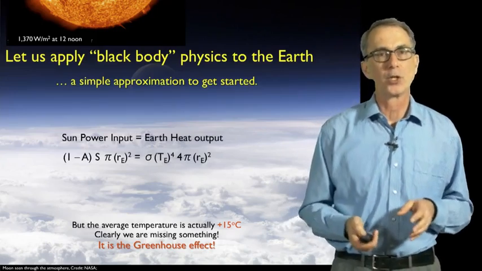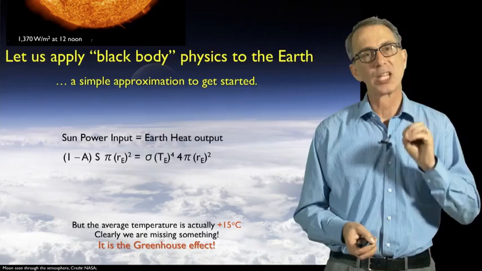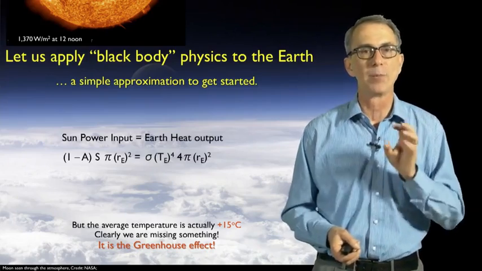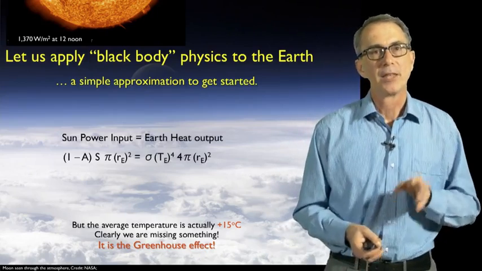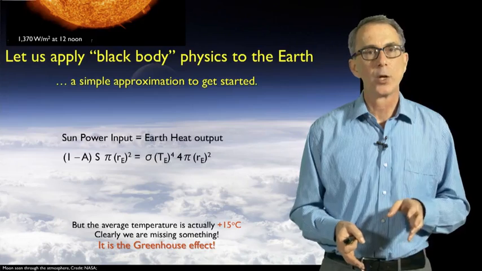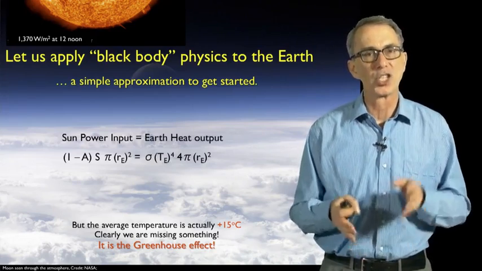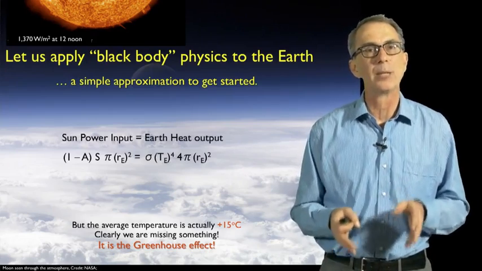The first thing we're going to do is work out how much energy is emitted by the sun and absorbed at the surface of the Earth. We have to work out how much of the energy received at the top of the atmosphere is going to be absorbed.